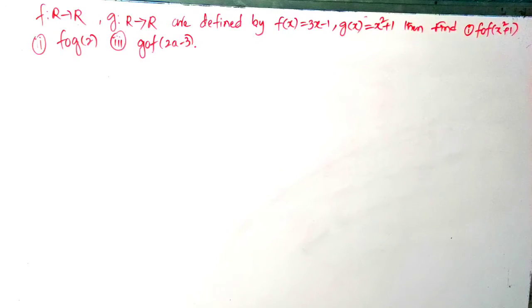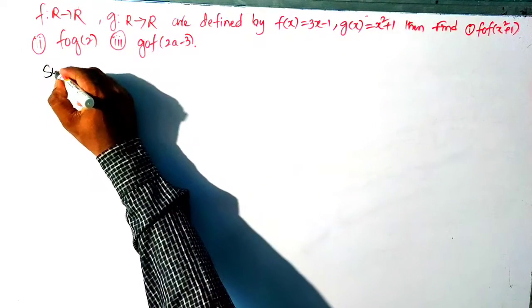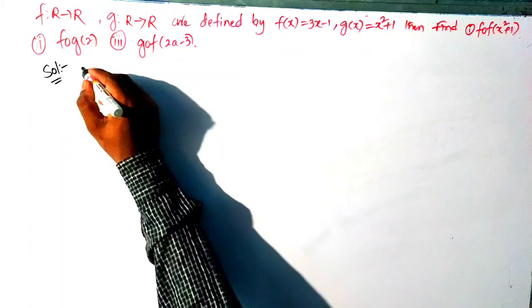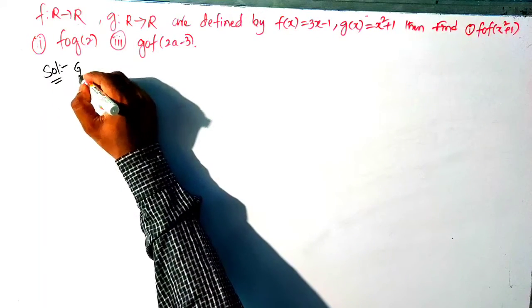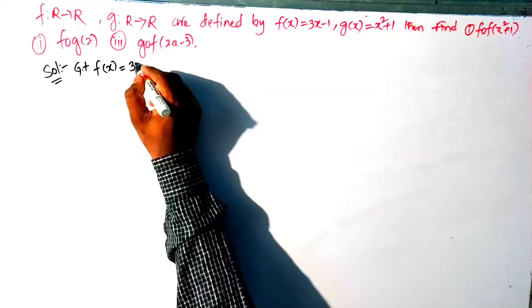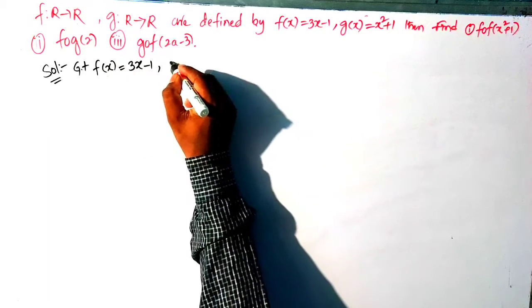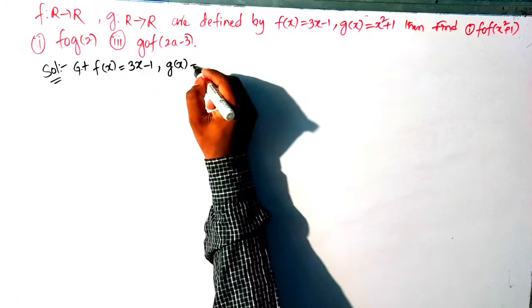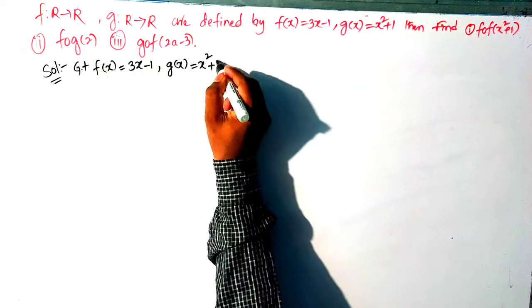Third one is g circle f of 2a minus 3. So here is the same type of problem. One more problem I will take here. So once again I will take the given values. Here f of x equals 3x minus 1 and g of x equals x square plus 1.